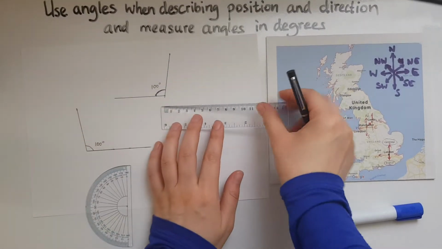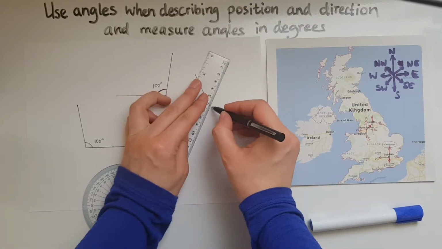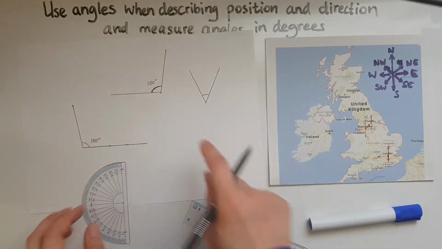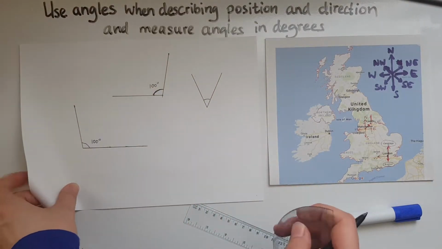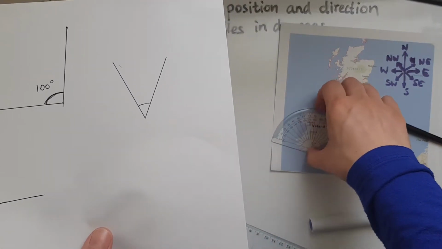Now we'll measure one angle. I'm going to randomly draw an angle. It's this one that I'm after, so it's marked there. I can start in any direction, it doesn't matter.